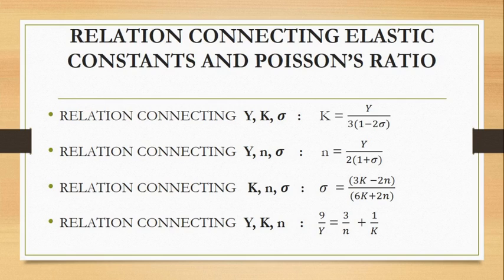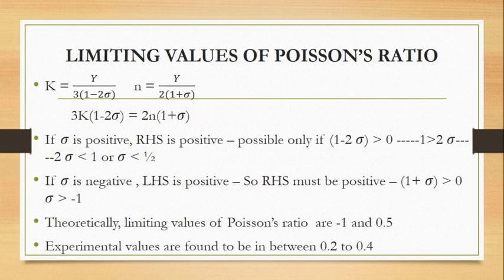In the next slide we are going to find out the limiting values of Poisson's ratio, that is, which values are possible for Poisson's ratio. For that we are taking the help of the first two equations of this slide. So our next topic, limiting values of Poisson's ratio.